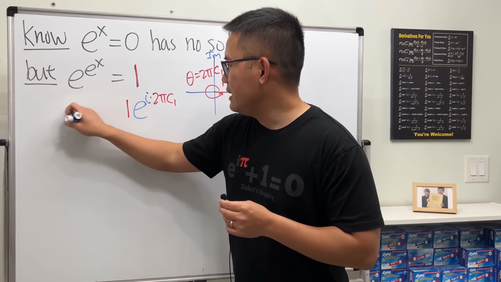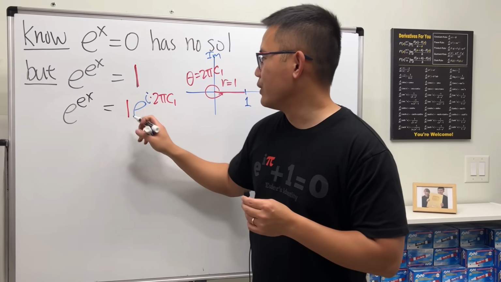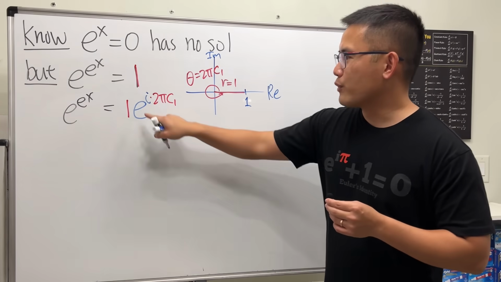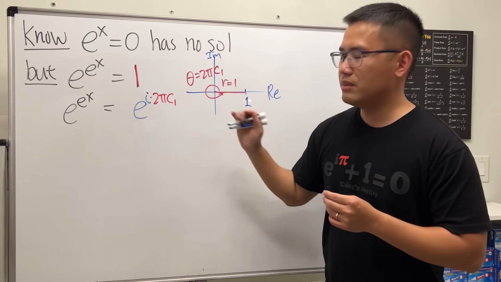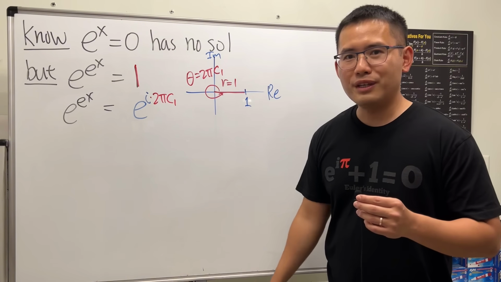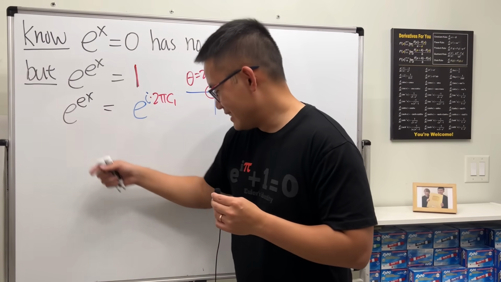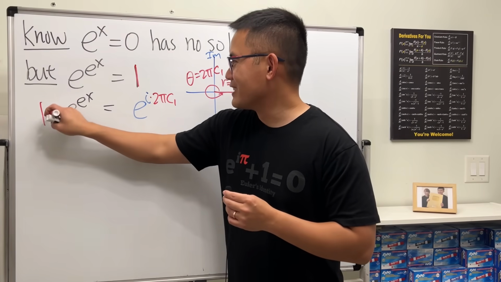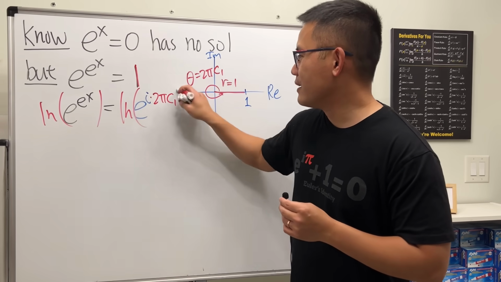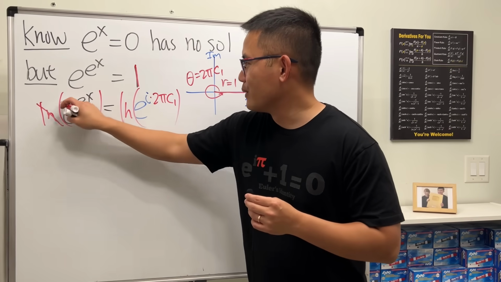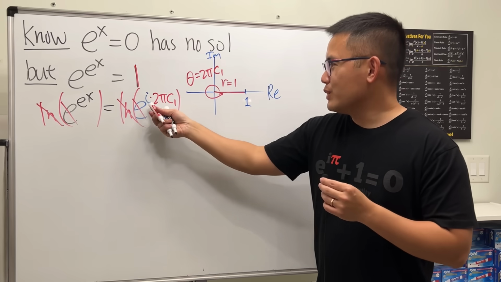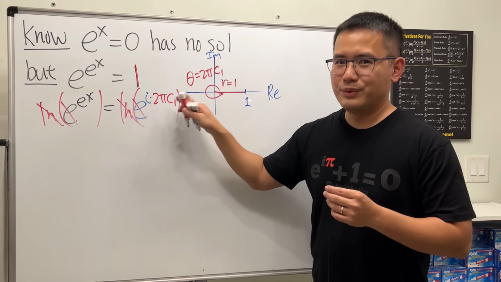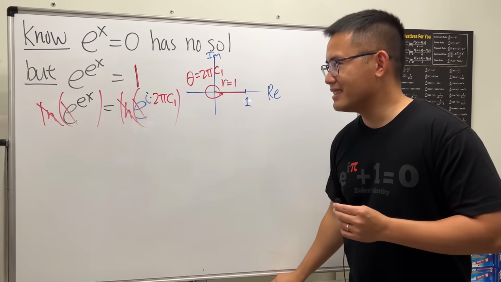Anyway, so we have e to the x is equal to this right now. And of course, 1 times this is just that. What can we do next? Well, let's now take the ln on both sides, and cancel the first e. Because we have all the possibilities, we don't need to add anything else.